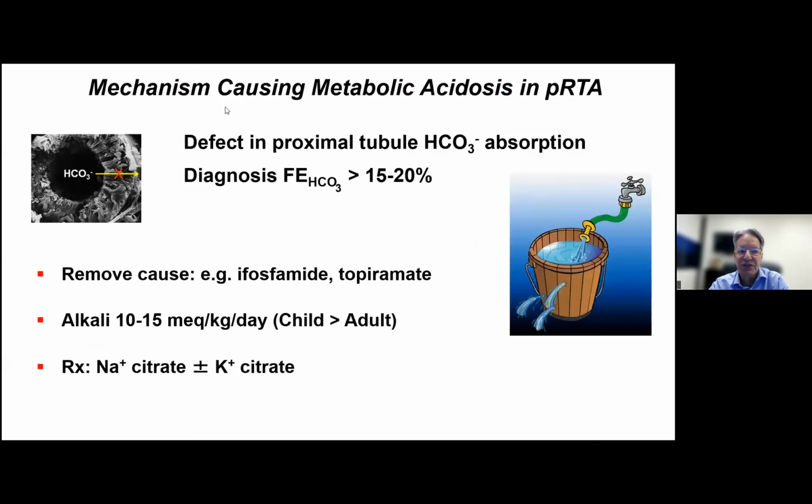So another question that comes up then, which you might be able to intuit based on what I've said, is what is the cause of the metabolic acidosis in proximal RTA? Well, a major cause is you have a defect in proximal tubule bicarbonate absorption. It is not like CKD and ESRD where you have a problem with bicarbonate generation. The problem here is in reclaiming the bicarbonate that comes through the glomerular filtrate and having it absorbed as carbonate on the basolateral membrane.